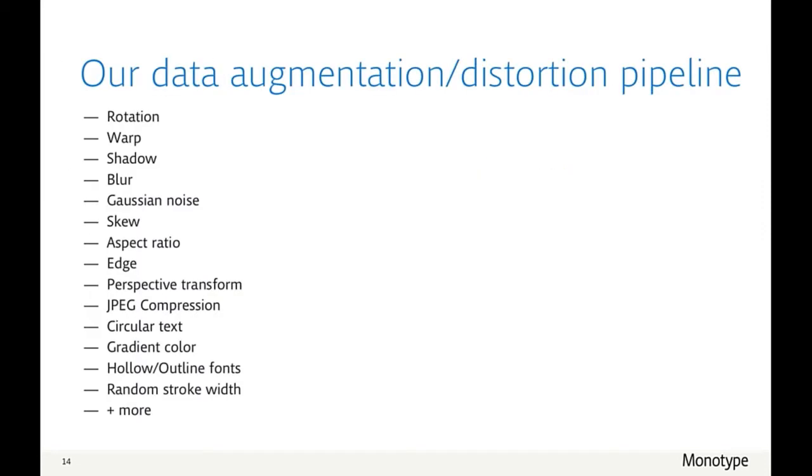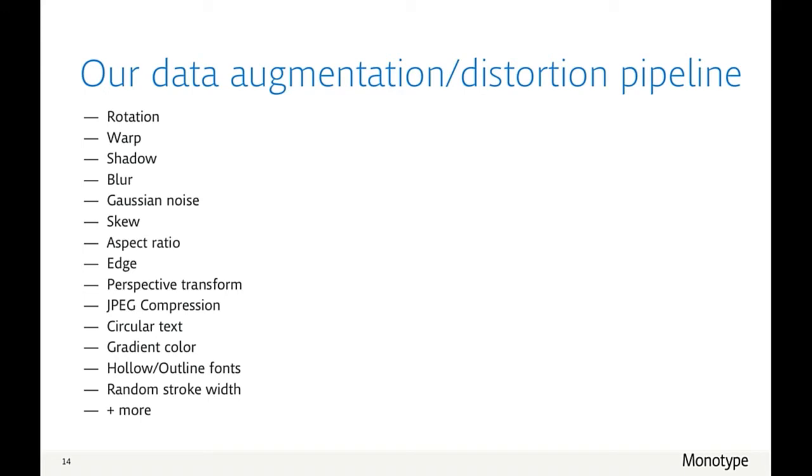So one way to solve that in deep learning is to use a data augmentation pipeline. And we have a very advanced one to deal with the reality gap. We show text from 133,000 fonts to the neural net.